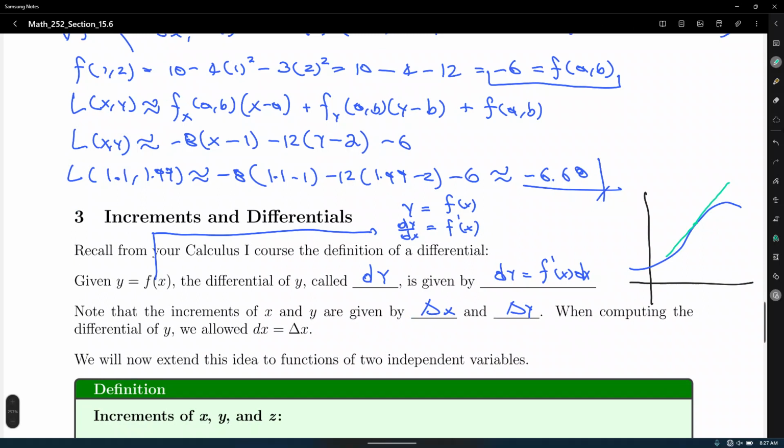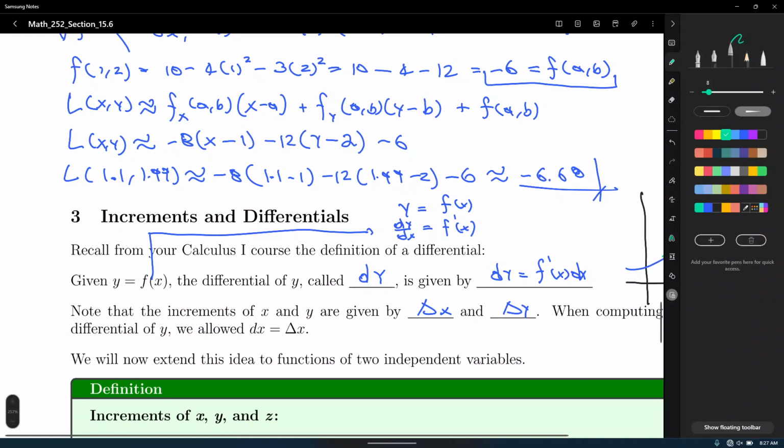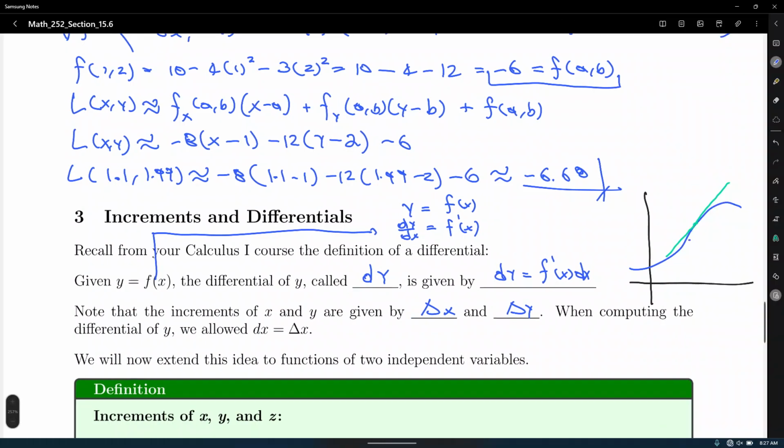And from here, the idea is to go from a finite number of changes, that is what we're going to call our delta x and our delta y. But what we allow in this case is for delta y to be equal to dy and delta x to be equal to dx, just for the sake of the approximation. So that's how we get this idea of an approximation.